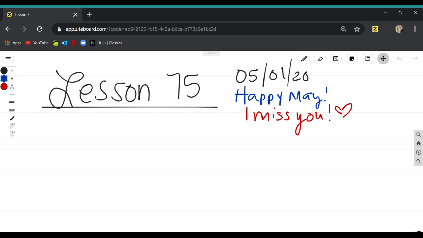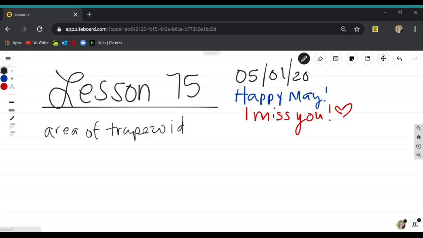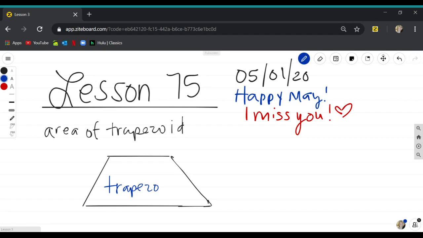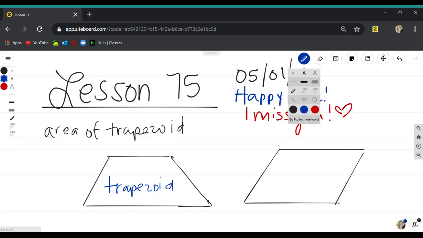Okay, so we're going to start with lesson 75, and we're going to be doing the area of a trapezoid. So a trapezoid looks like this. This is a trapezoid, I'm just going to label it, and this is a parallelogram.